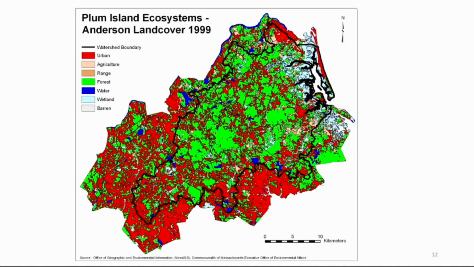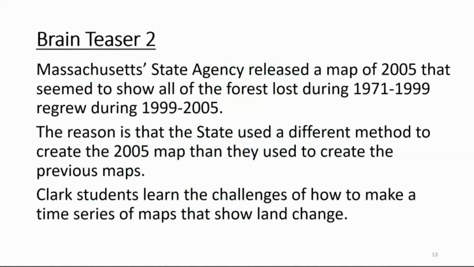You see a big conversion from forest to residential, and then came the map of 2005. When that was released, it seemed to show that all of the forest lost during 1971 to 1999 regrew in those 6 years.